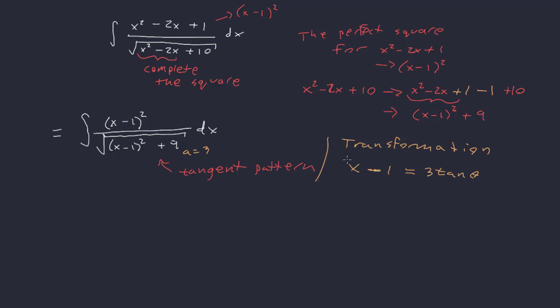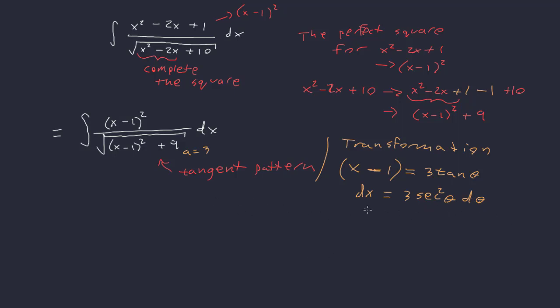Now there are other ways you could do this, but to me this is the nicest way to go because we just leave off that x minus 1 until we need it later. So when we differentiate this, the derivative of x will be dx, and then the constant goes to 0, so we just get 3 secant squared theta d theta.